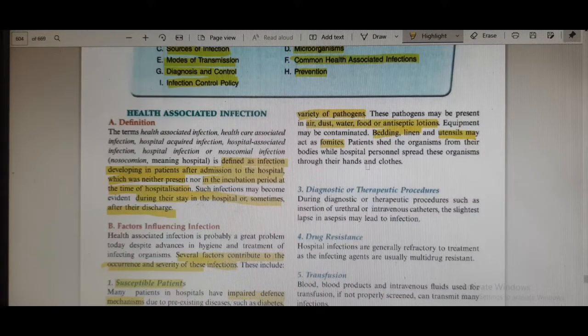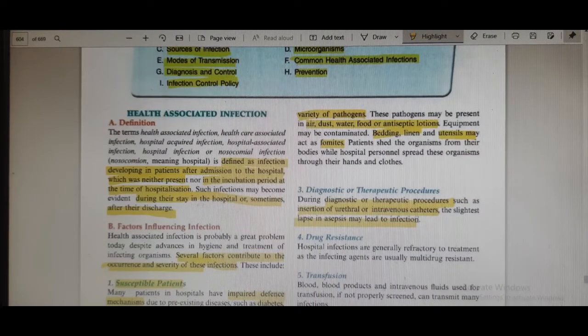Moving to the diagnostic or therapeutic procedure. During diagnostic or therapeutic procedures, such as insertion of urethral or intravenous catheters, the slightest lapse in asepsis may lead to infection. So whenever the IV cannulas are given or the catheters are inserted to the urethra, the sterility should be maintained to the highest level.